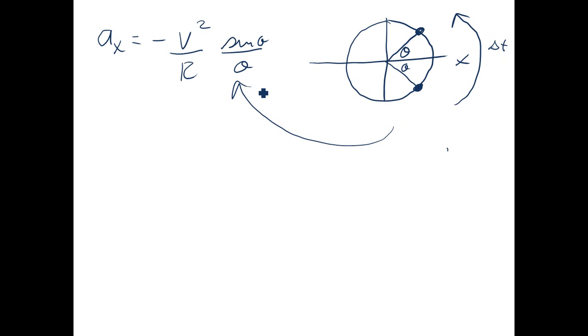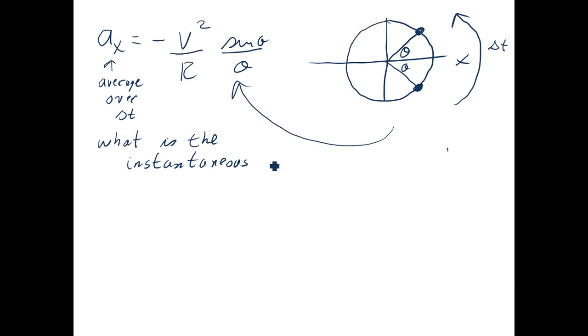Now something I would like to do is, this is essentially an average acceleration over delta t. What is the instantaneous acceleration?